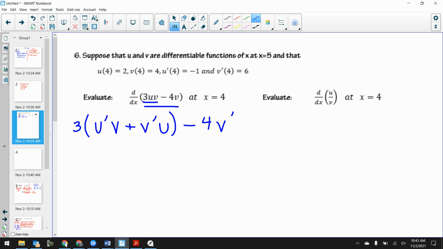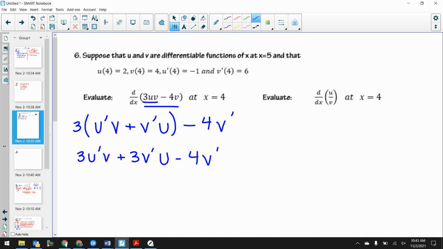Why doesn't that 4 go away next to the v prime? Because it's being multiplied to the v and not added to it. If it was added, it would go away. But since it's a constant multiplied, I can keep it there. Let's distribute the 3: 3u prime v plus 3v prime u minus 4v prime.